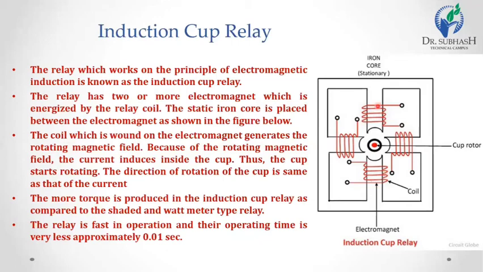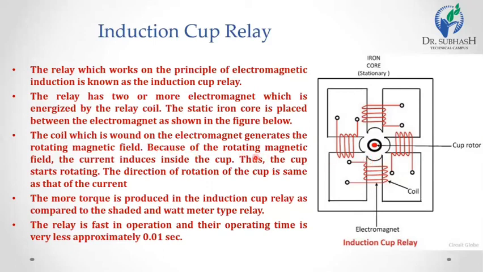These are the relay coils, where these multiple magnets exert force on this cup rotor. The coil wound on the electromagnet generates the rotating magnetic field. These poles generate the rotating magnetic field.